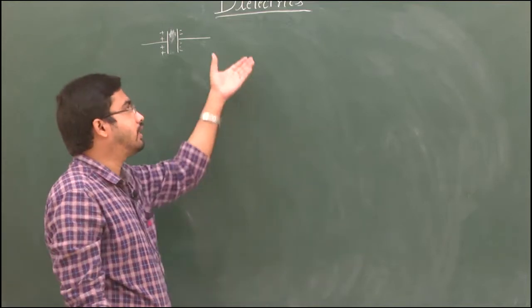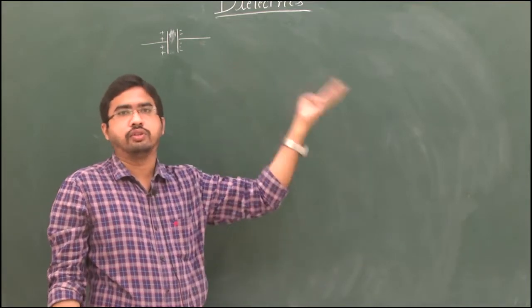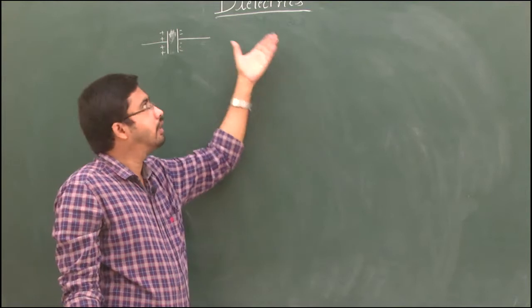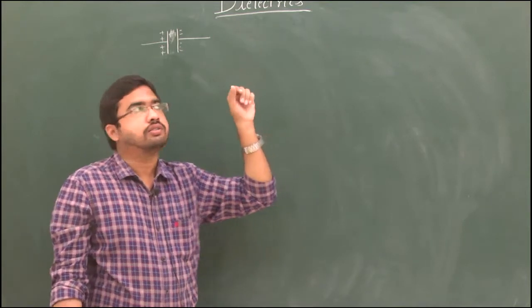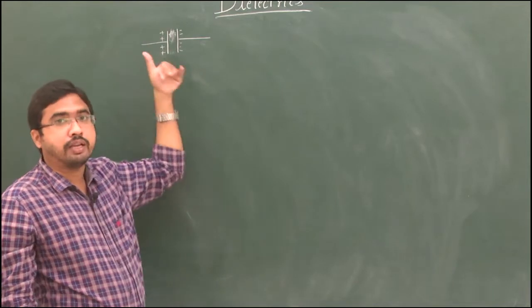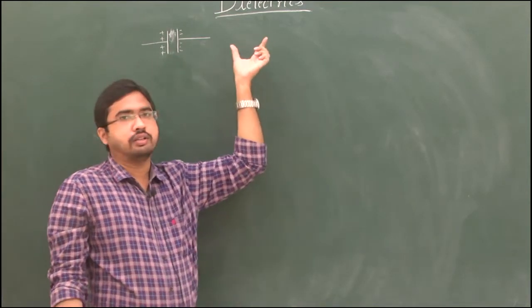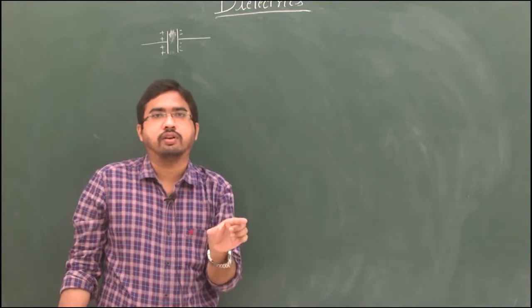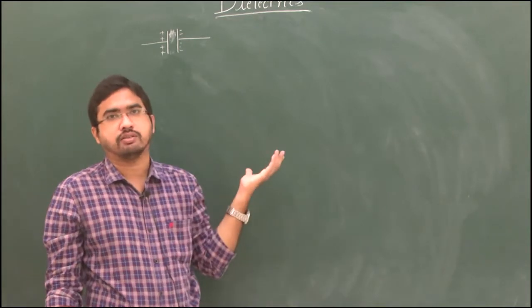So dielectrics are just like insulators only. Your wood, rubber, paper, all these will act as dielectrics only. So in capacitors you can observe paper capacitor, mica capacitor, like that. Based on the dielectric medium that you are using, we can name some capacitors also.